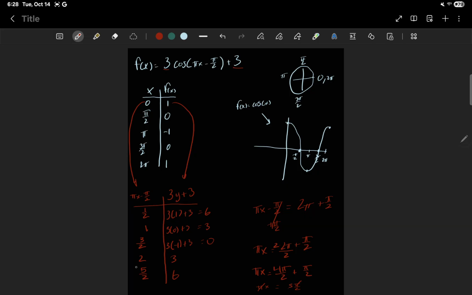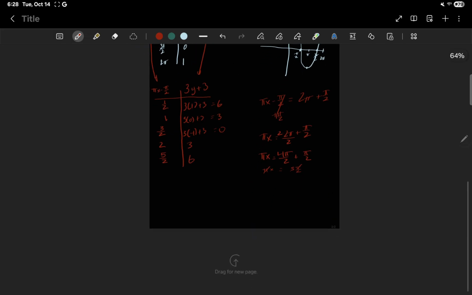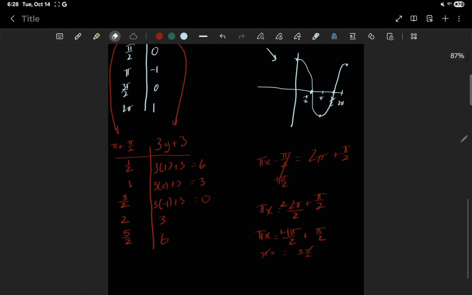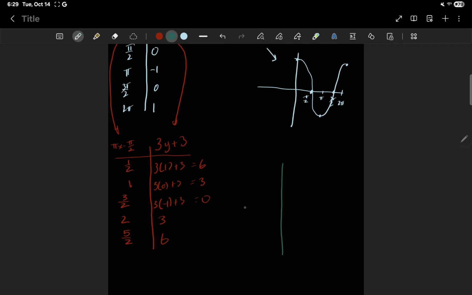All right, so then there's our new table. So now we want to graph it. I'm going to do this in green. Here's my graph. I need to label my x's 1/2, 1, 3/2, 2, 5/2. So notice we're not using 0 anymore because we shifted a little bit.